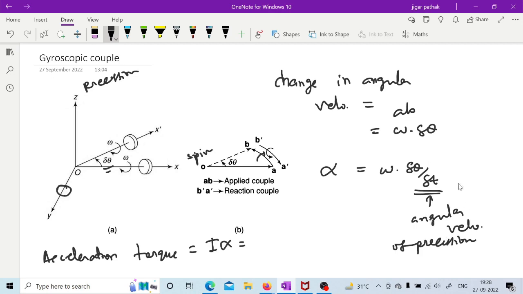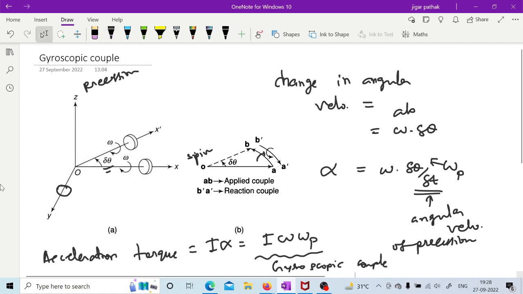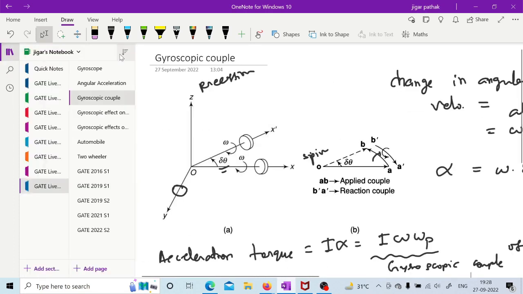This angular velocity of precession, delta theta by delta t, can be considered as omega p. So you can write it as I omega p, right? This is how you get the magnitude of the gyroscopic couple, right? So this is how you can calculate the gyroscopic couple.